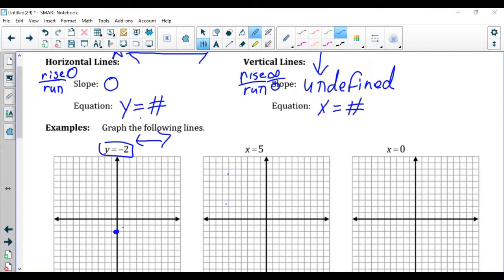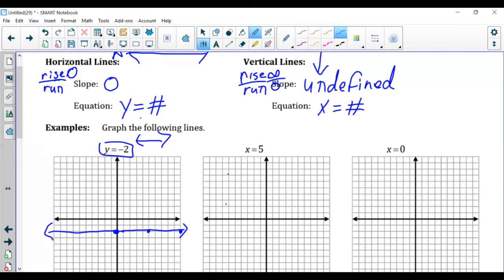But you know that there's a whole bunch of other points where y equals -2? This is just where x equals 0 and y equals -2. What if x equals 1? Well, y still equals -2. What if x equals 5? Well, y still equals -2. What if x equals 10? Well, y still equals -2. Do you see how this is making a horizontal line? It does not matter what my x value is, y is always going to be -2.